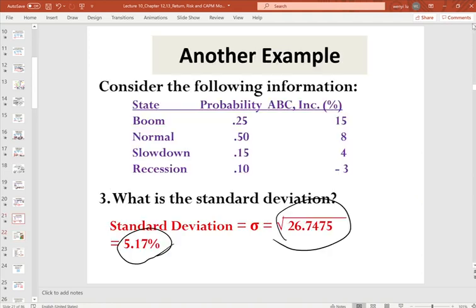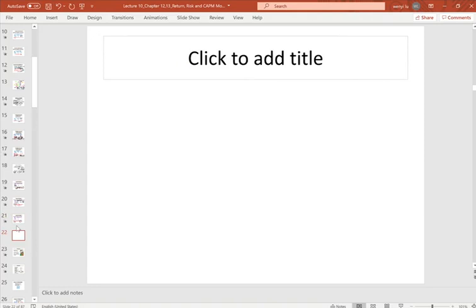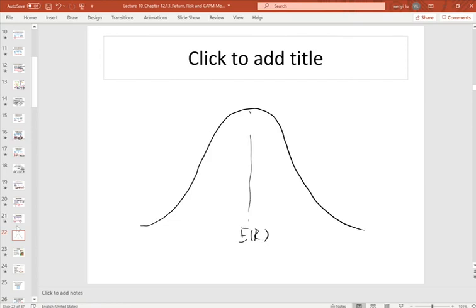Also, when we studied normal distributions in the statistics class, we saw that the expected return is just the average. And the risk is sigma.